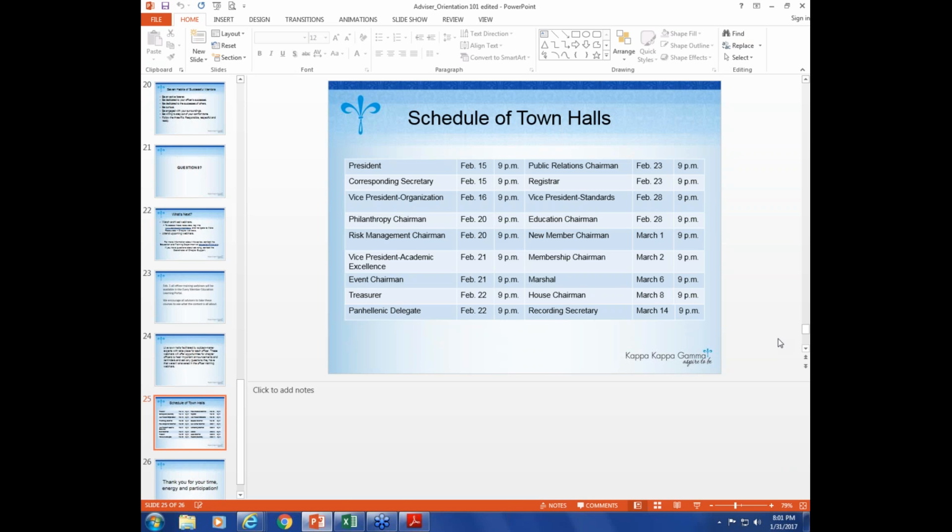Hold her accountable for doing these town halls, because this is where the most up-to-date information for each officer is explained and presented. So it's really important for the officers to log on and do these.